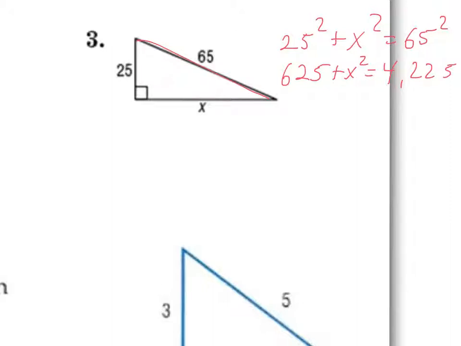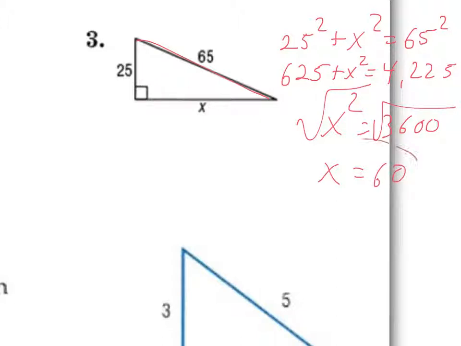You're going to want to make sure you have a calculator when you're doing this. Subtract 625 from both sides, and x squared equals 3,600. Square root, when we do that, 3,600 is a perfect square, and it is 60. Okay, so that's how we find the missing side of a right triangle if we have two of the sides using the Pythagorean theorem.